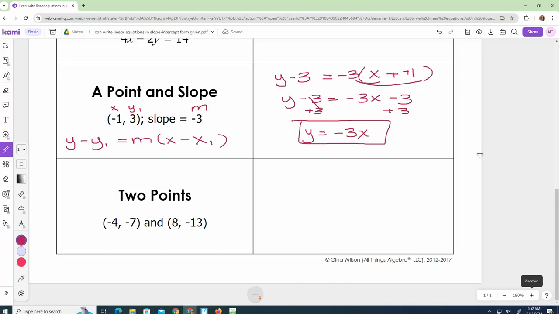So what would I have to do first here? If you have 2 points, what do you have to find? Slope. So in our points, this is x2 and y2. So slope is y2 minus y1 over x2 minus x1.